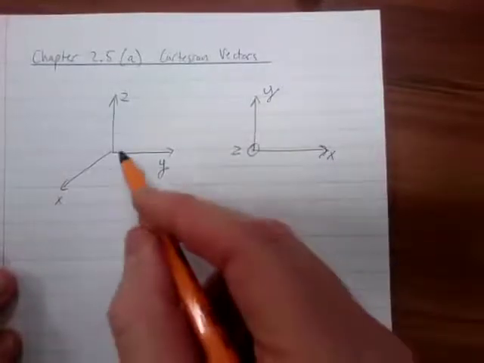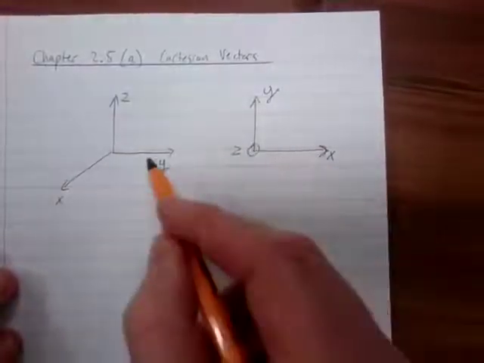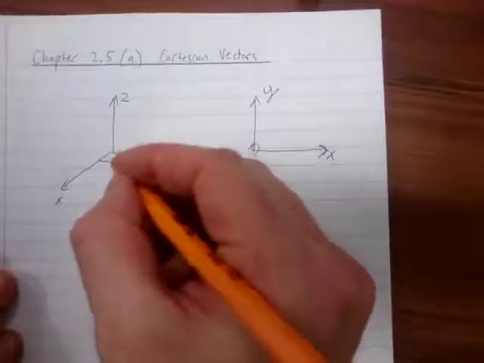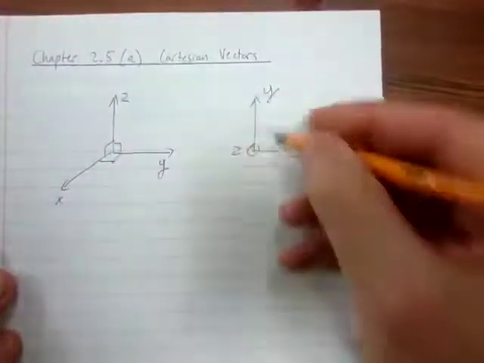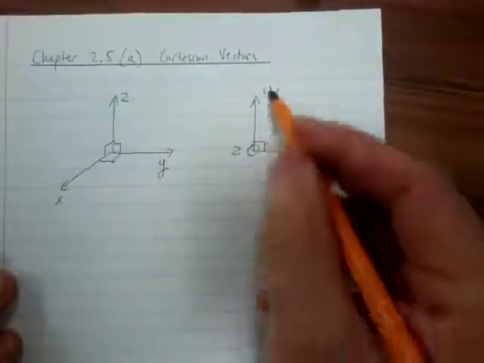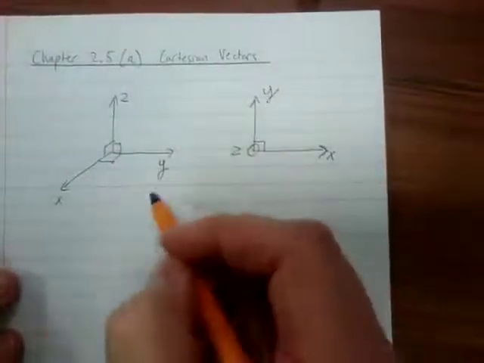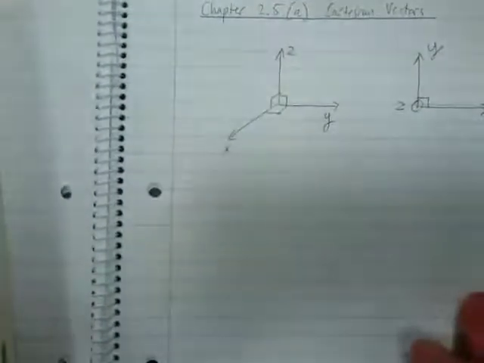If that's your x and that's your y, remember these are all right angles, just like these are right angles. So this is in 2 dimensions, and this is in 3 dimensions. I don't want to spend too much time on that, just quickly recapping.